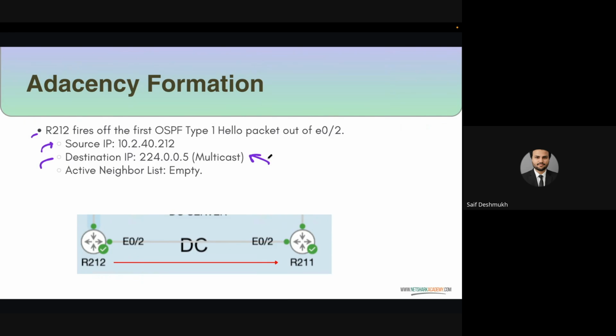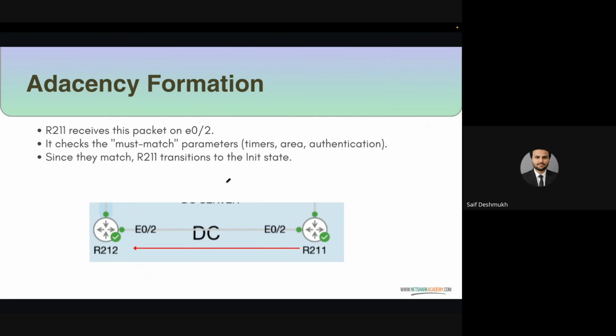This is the first OSPF multicast address they are going to send this packet to. And the active neighbor list is empty, 0.0.0.0, because this is the very first packet. Nobody sent us anything earlier, so we're not acknowledging anyone. The process is still in the down state at the moment, not init.